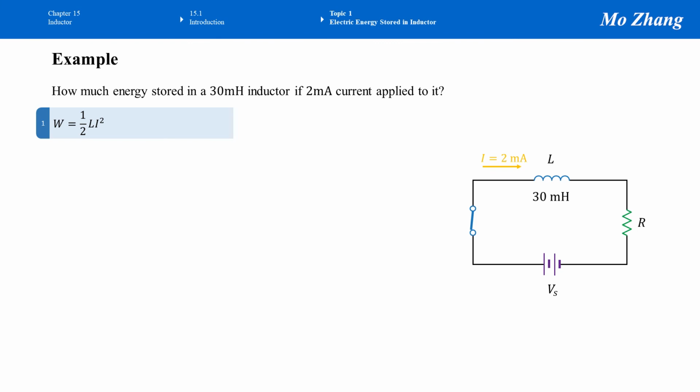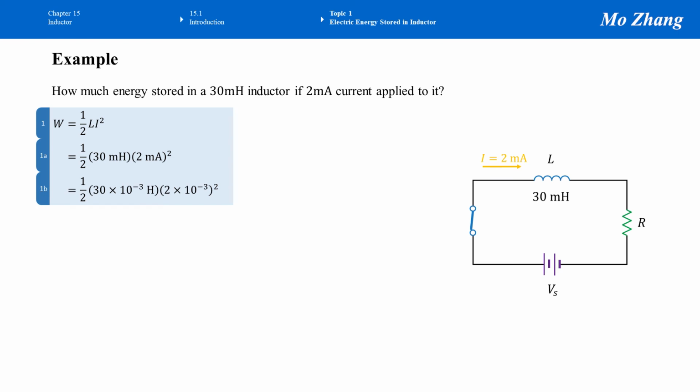The energy W equals 1/2 L i squared. Now let's plug in those numbers. 1/2 times inductance L equals 30 millihenry, multiplied by the current squared, which is 2 milliamps squared. If you look here, millihenry and milliamps, the prefix milli means 10 to the power negative 3.